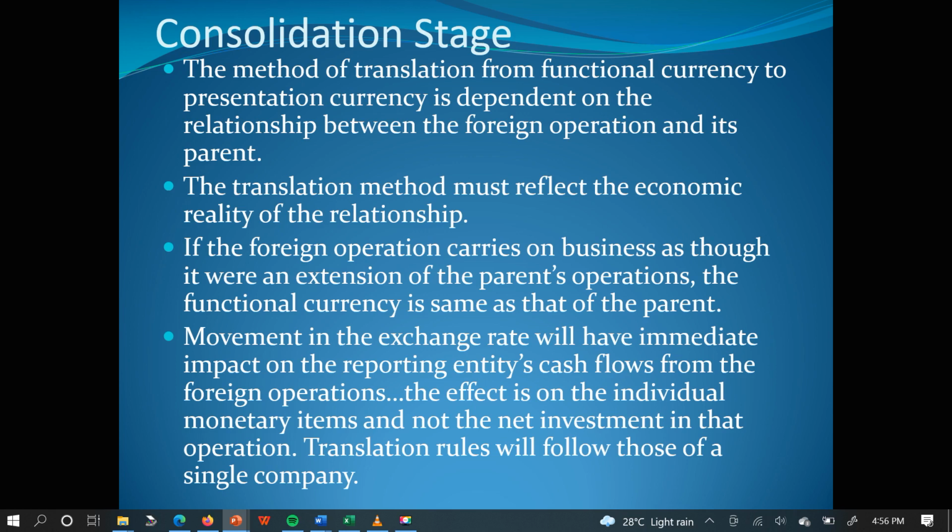And the translation method must reflect the economic reality of the relationship. So if the foreign operation carries on business as though it were an extension, then the functional currency is the same as that of the parent, and therefore movement in exchange rate will immediately impact the reporting entity's cash flows. Translation rules will follow those of the single entity. So everything you do, your parent will be affected immediately because you are just an extension of your parent.